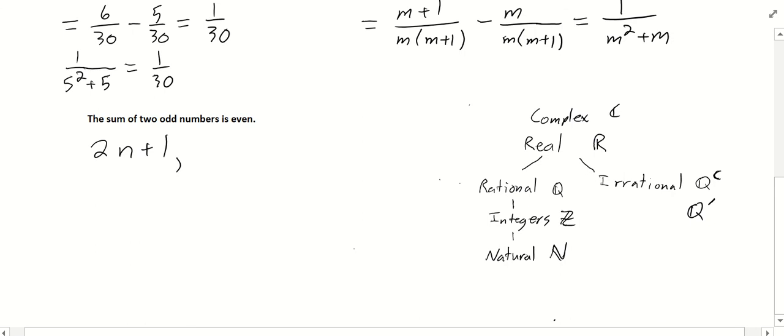These could be different odd numbers, so let's use a different letter, M, where M and N are integers. The way I wrote this shows M and N are elements of the set of integers.